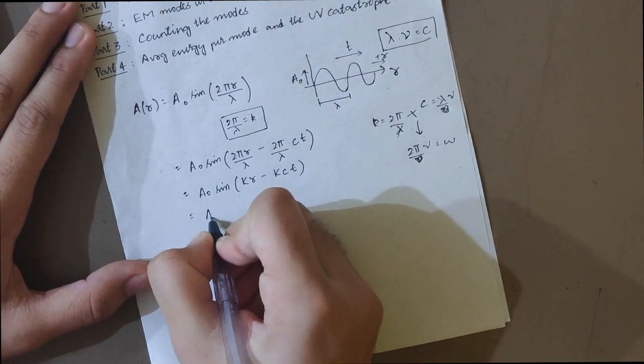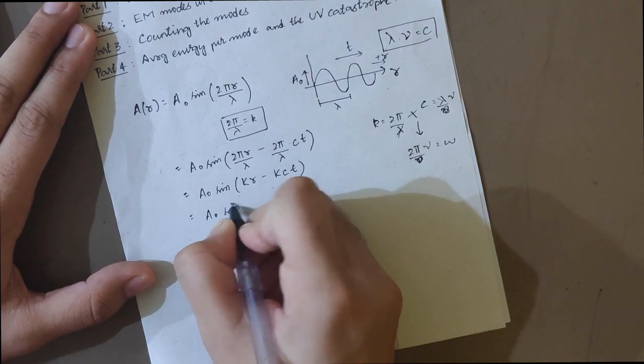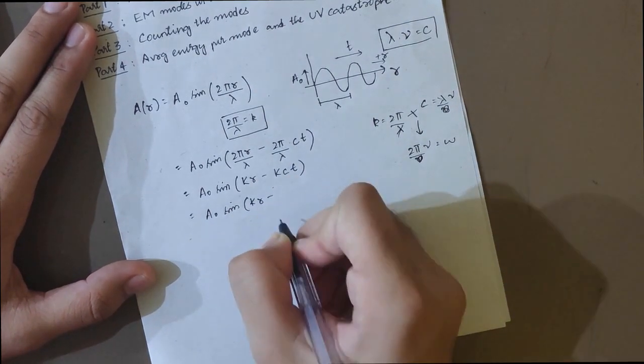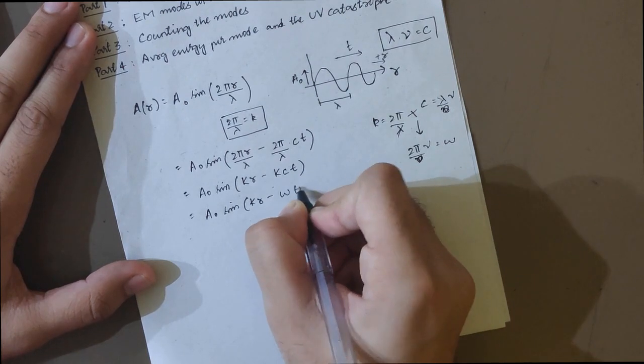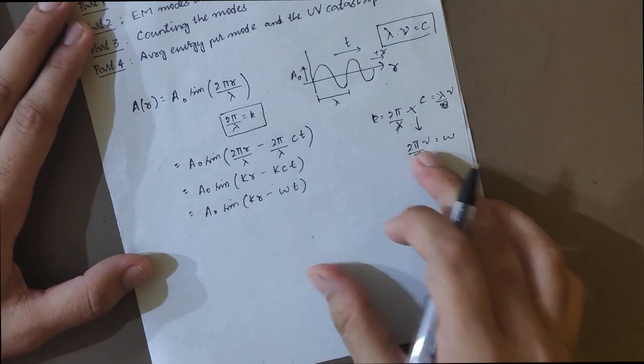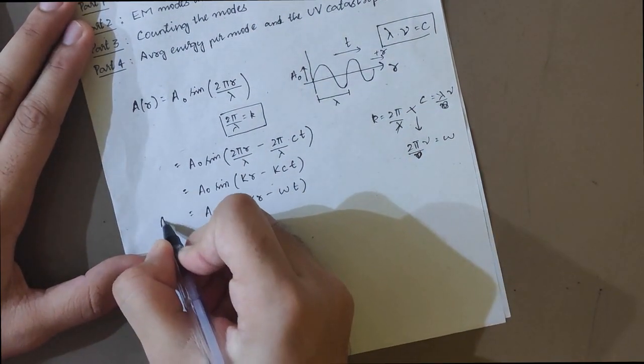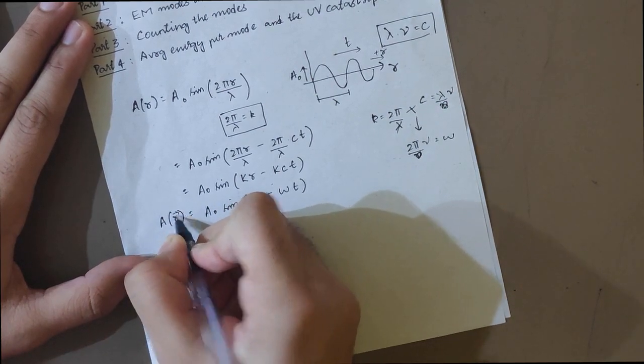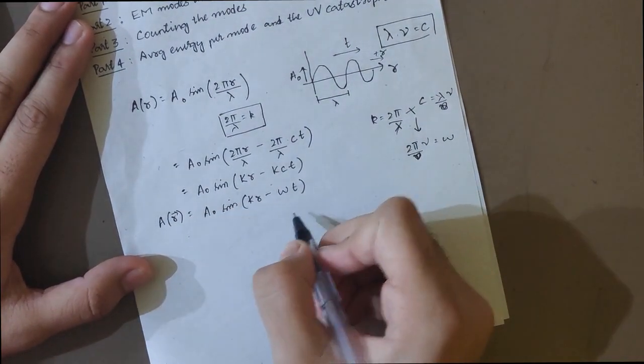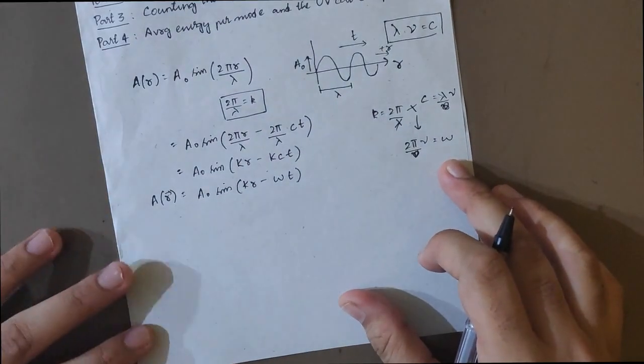So a as a function of r will be a naught sine of kr minus omega t. Now this is the equation of an electromagnetic wave traveling along vector r with time t.